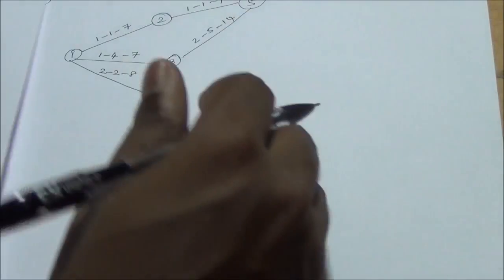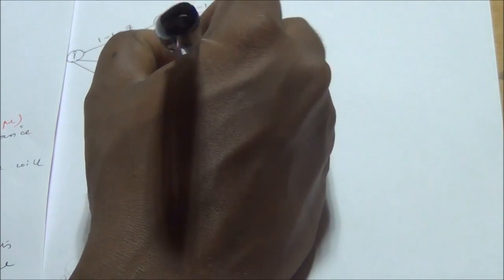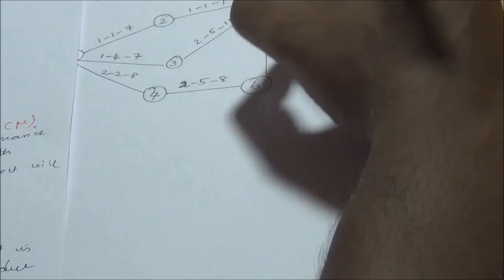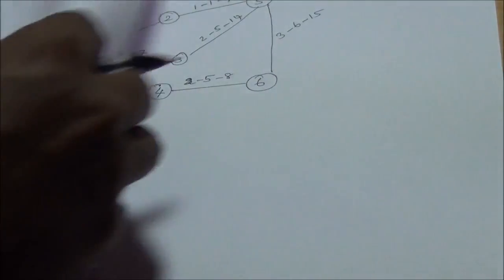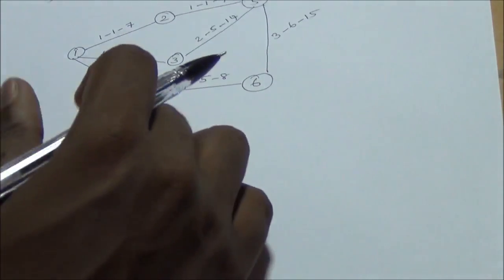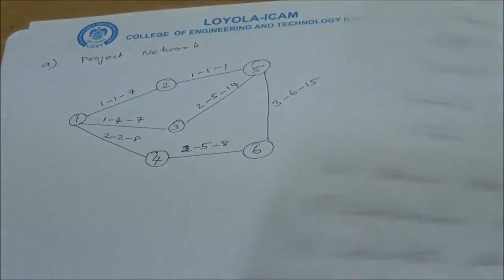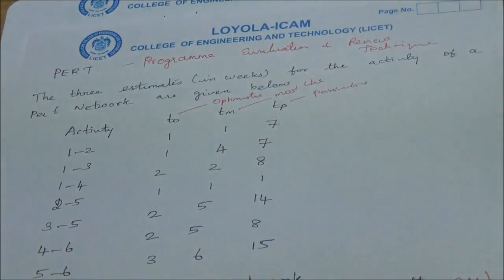From 4 to 6 we have 2 5 8. From 5 to 6 we have 3 6 15. Sometimes they will give this as the data, and using this data we construct the table and apply the formula.